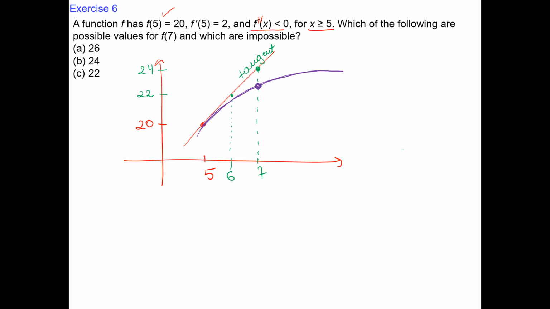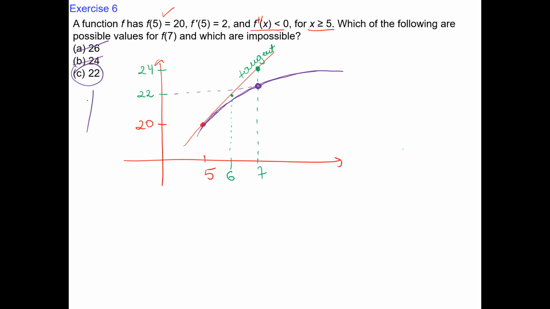That means 24 is definitely not possible, but 22 looks possible. I didn't really plan to do it this way. 24 is the tangent approximation, and 26 is of course impossible. 24 could be really close to 24, but it's definitely lower than 24.